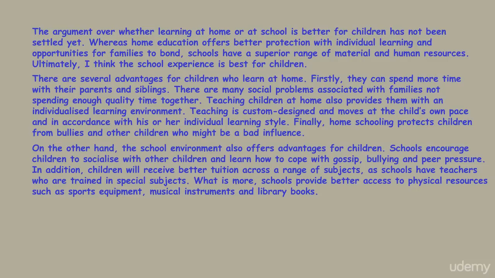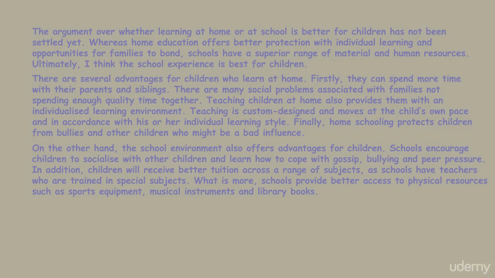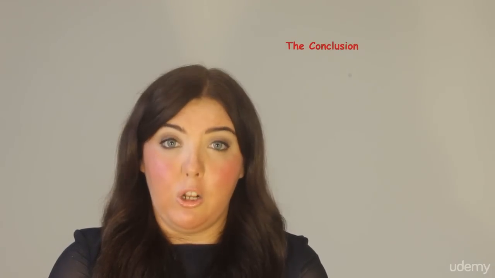In addition, children will receive better tuition across a range of subjects, as schools have teachers who are trained in special subjects. What is more, schools provide better access to physical resources such as sports equipment, musical instruments, and library books.